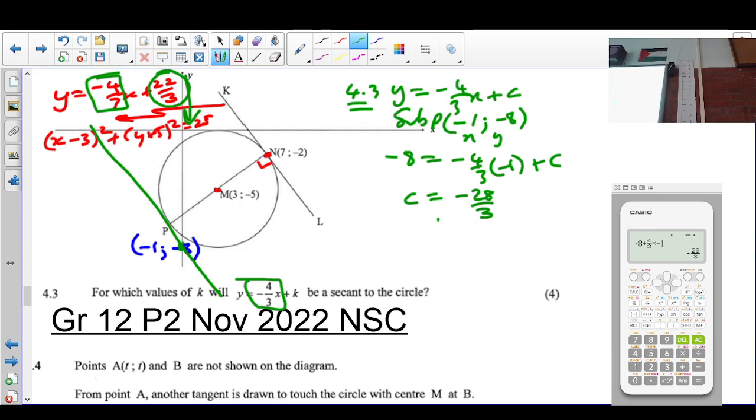So as long as k is greater than negative 28 over 3 or less than 22 over 3, it will be a secant. More than 22 over 3, it will be just a line passing the circle. And less than negative 28 over 3 will also be a line missing the circle. Okay.